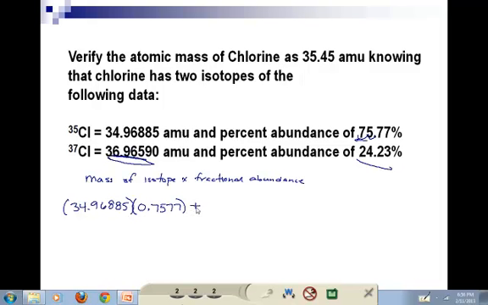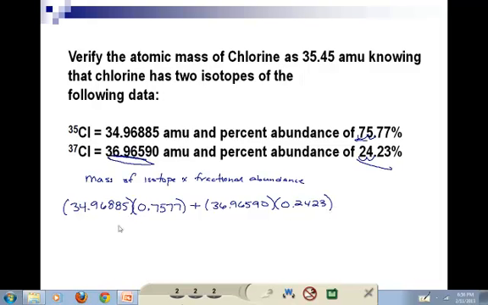We're going to add it to this mass of the isotope, 36.96590, and multiply it by the fractional abundance, which is 0.2423.